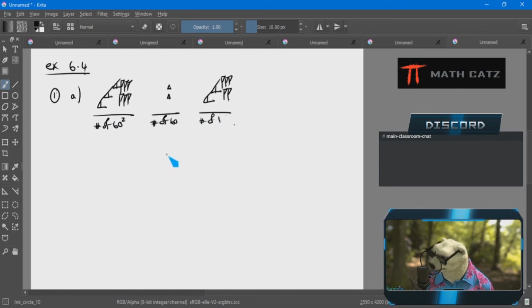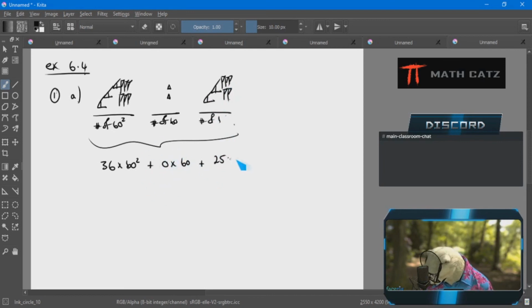Maybe I want to skip that middle step and just say, well, this is then 36 groups of 60 squared plus 0 groups of 60 plus 25 ones. But I can't, I have to address how many 60s. In this case, there's nothing.